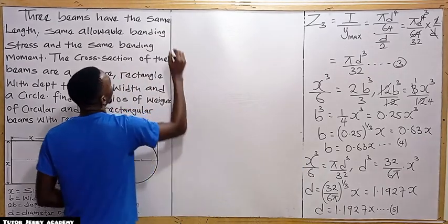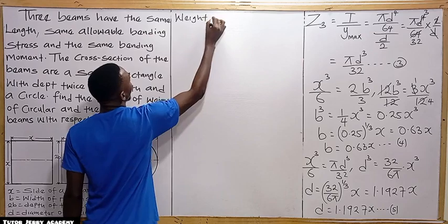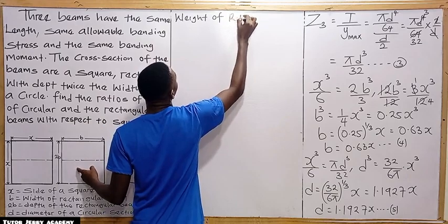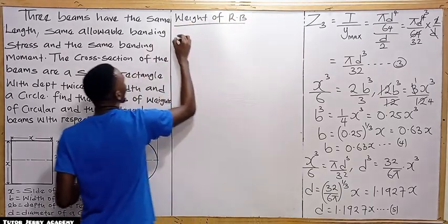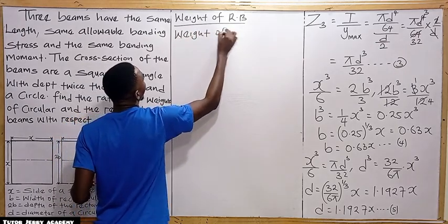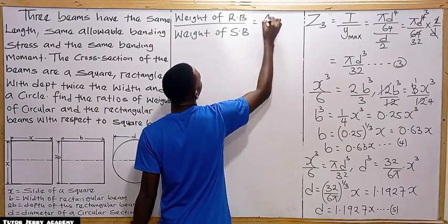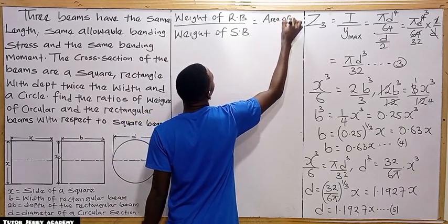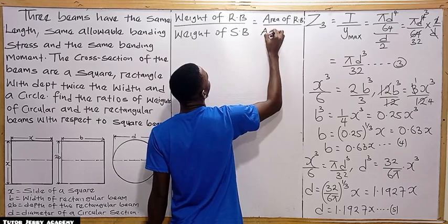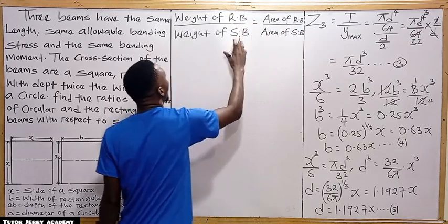So the weight of our rectangular beam all over the weight of the square beam will be equal to the area of the rectangular beam over the area of the square beam.